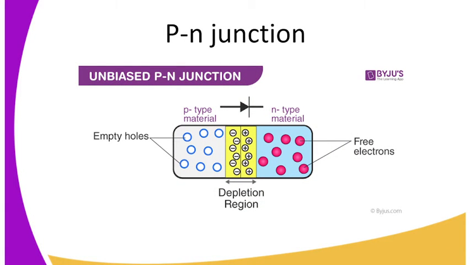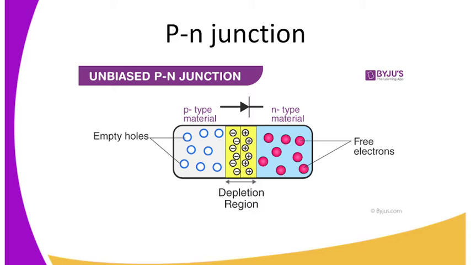A PN junction. What is a PN junction? It is made up of a P-type material and an N-type material. That means the P-type semiconductor and an N-type semiconductor meet, and there's a depletion region formed at the junction.